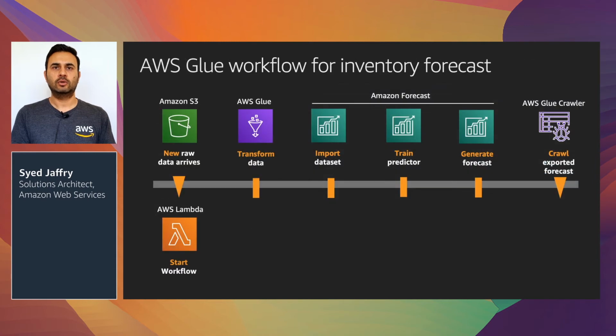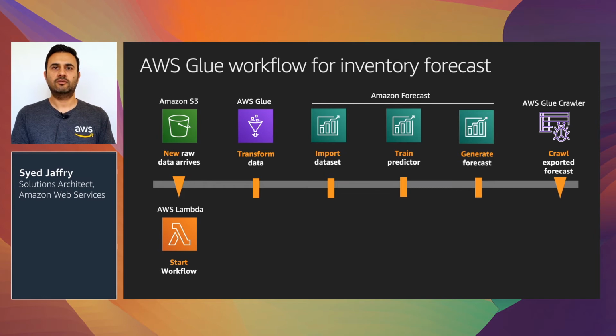This is what it will look like. Data will arrive in your S3 landing bucket, and that will trigger a Lambda to kickstart the AWS Glue workflow. The workflow will then kick off the transform Glue job so that it takes the raw data and transforms it into the format that's usable by the Amazon Forecast service.